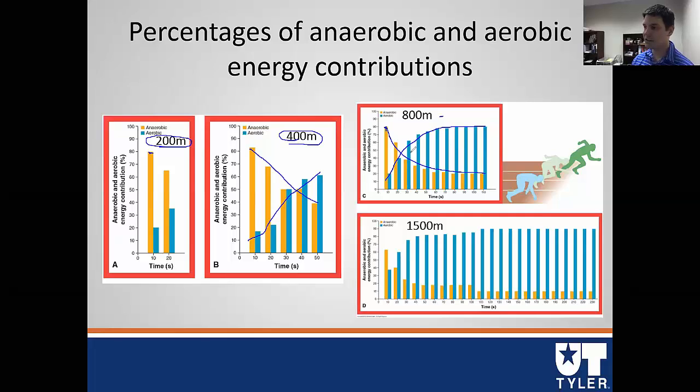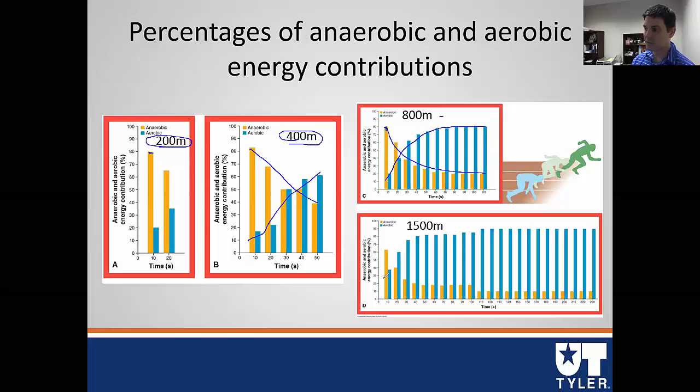I'll make this point also about the 800 meters: since this is still a pretty good sprint, we're still requiring lots of ATP, and so you'll see that there is still a pretty decent anaerobic amount of energy produced during this race.